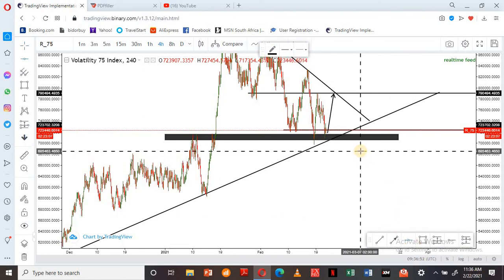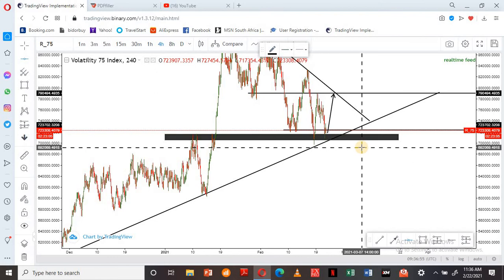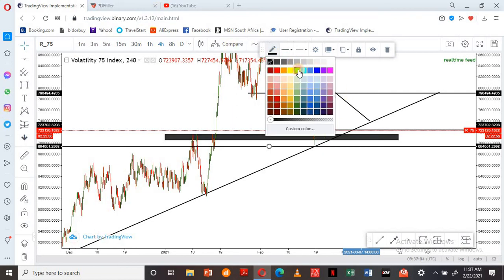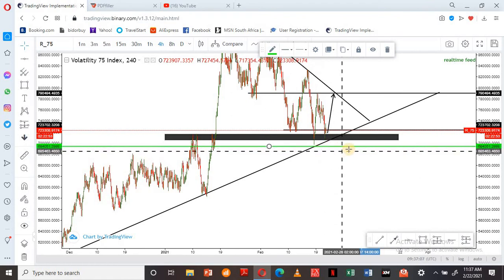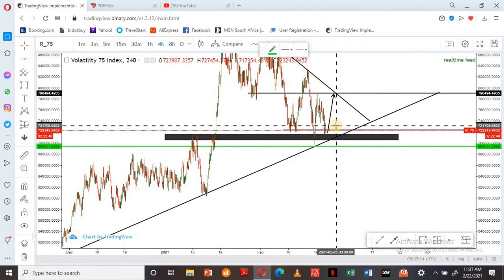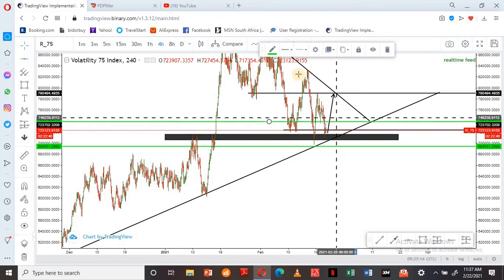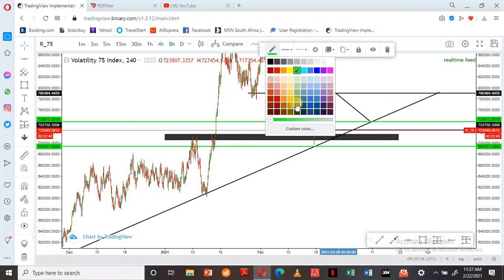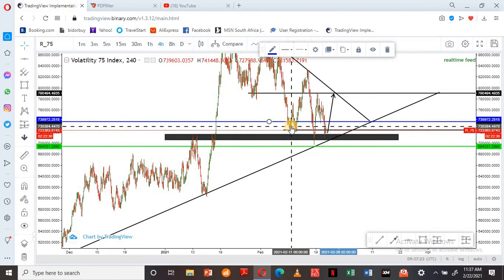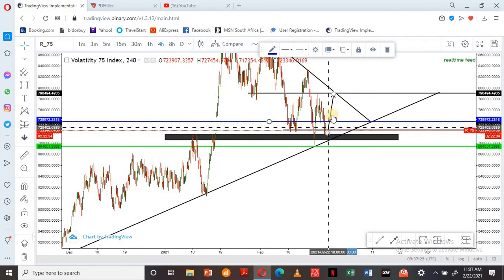Let me put a green line here, where you can place sell stops. Now if it closes above those lines I showed you, you can place buy stops, confirming a buy.